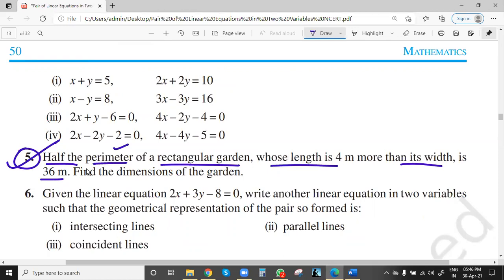So half of the perimeter is 36. Find the dimensions of the garden. So dimensions of the garden will be length and width value.